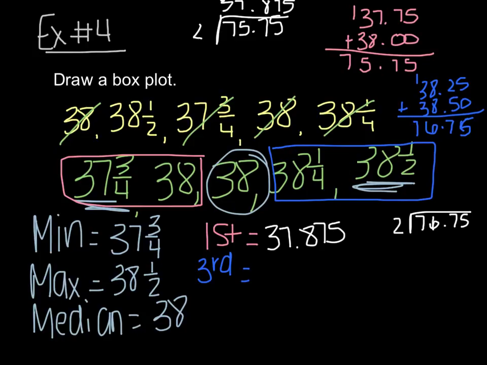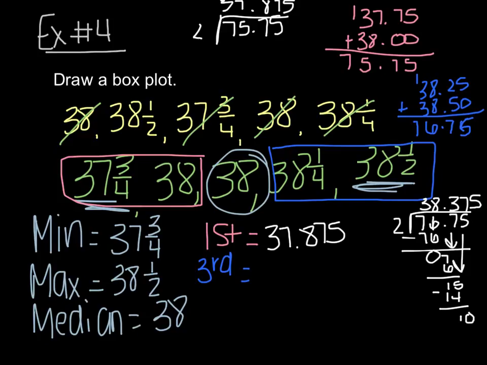Bring the decimal up. 2 goes into 76 38 times. And we add our 0, and it goes in evenly. 38 375 thousandths is our third quartile.